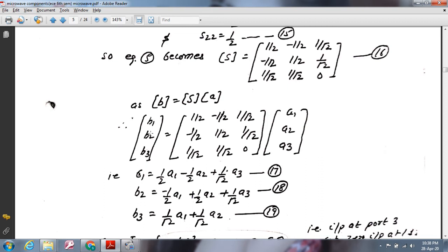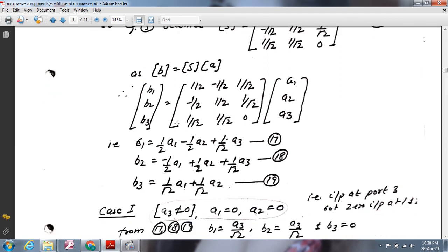These are the outputs B1, B2, B3, and this is the S matrix we have calculated, and these are the corresponding input column elements. So from this matrix equation, we get B1 equals half of A1 minus half of A2 plus 1 by root 2 of A3.